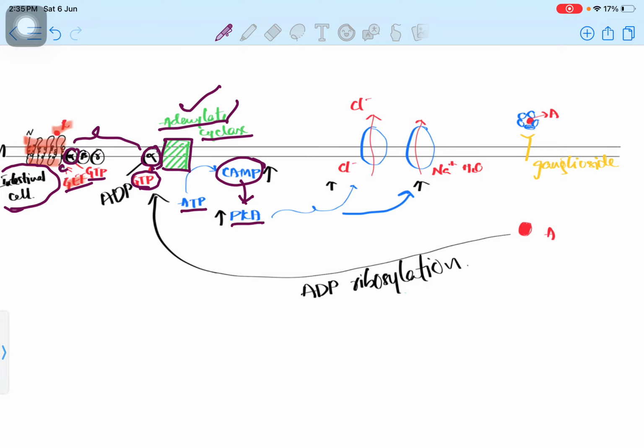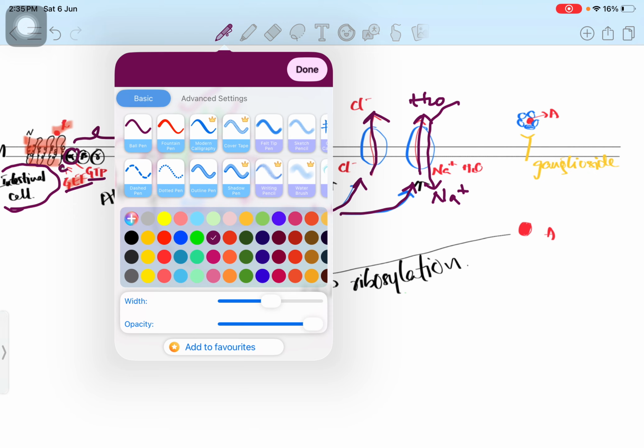This cAMP will activate PKA, protein kinase A. So the PKA will go towards the chloride and sodium water channels. What will it do? It will remove chloride from the cell, it will remove water from the cell, and it will take sodium inside. So this is what is happening in the normal, general condition.